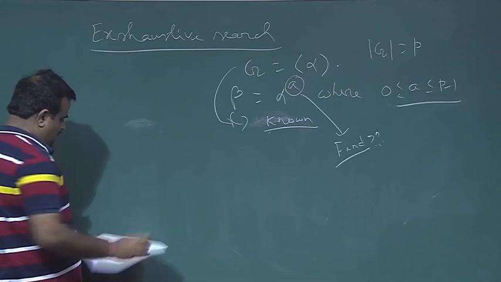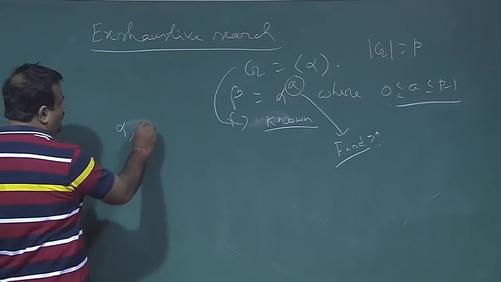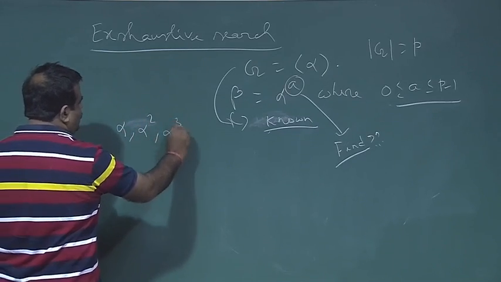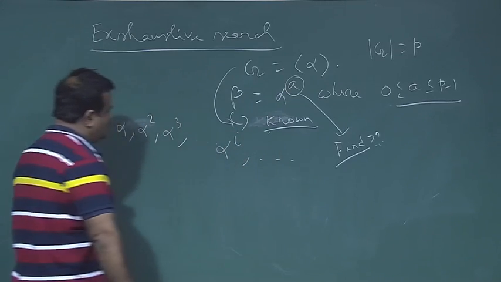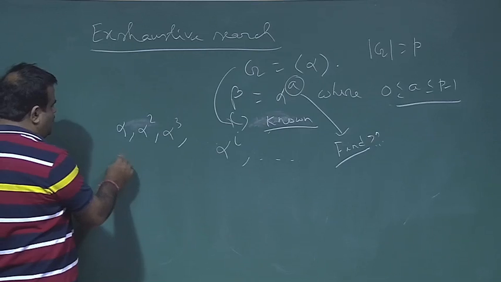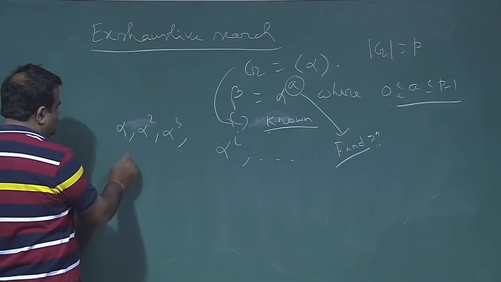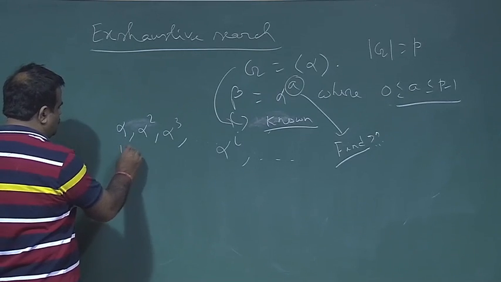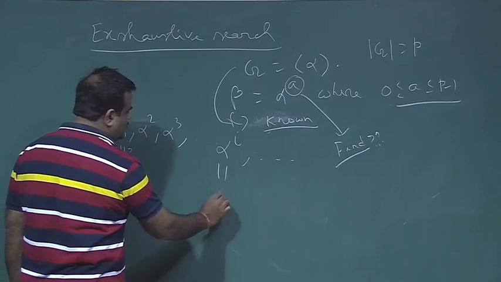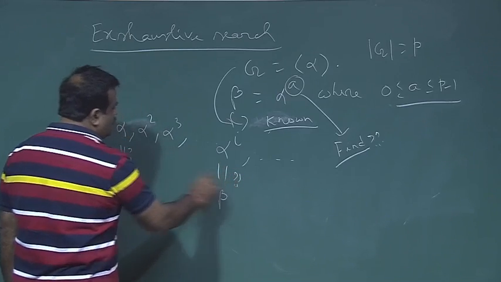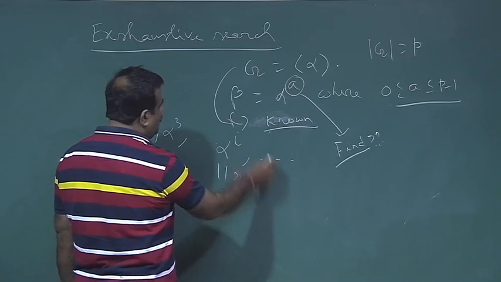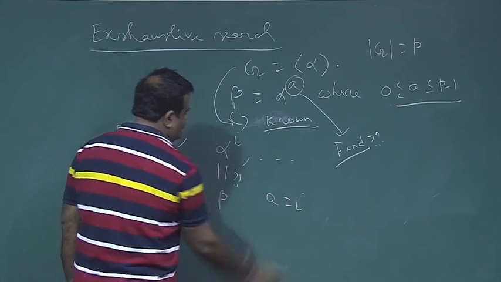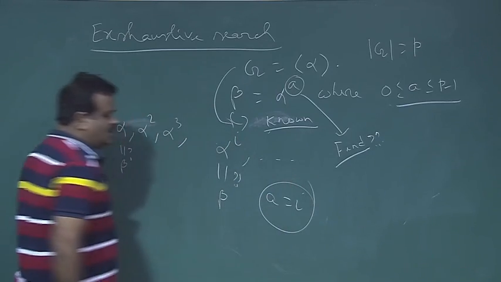We calculate alpha, alpha square, alpha cube, and keep on calculating alpha to the power i, and every time we check whether this is equal to beta or not. If this is beta, then our A is basically i. This is the exhaustive search or brute force attack.